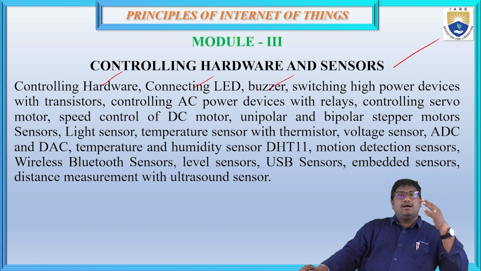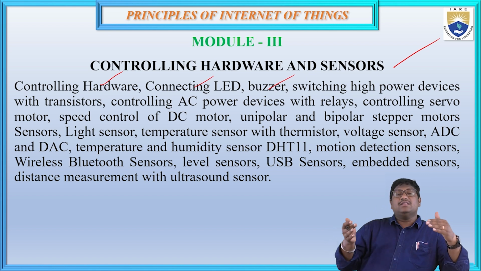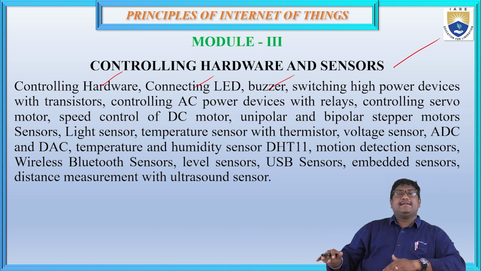Treat it as a motion detection LED light. Whenever you are walking inside the corridor, it automatically switches on the light. Whenever no motion is detected on that floor, the lights are automatically shut down. Like this, things are designed with the help of controlling hardware and sensors.